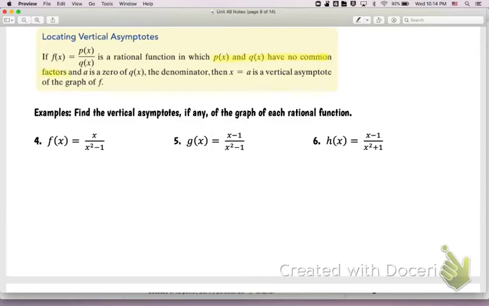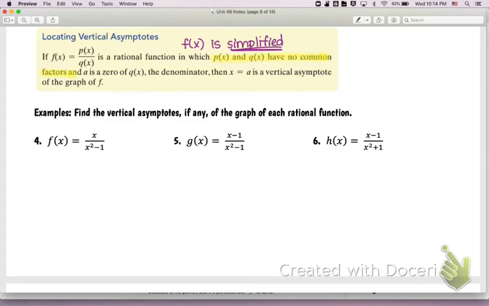That means that f of x is simplified. This is why we practice that, okay? It has to be simplified, so anything that we can divide out, we need to do that. Then anywhere where the denominator would be 0 in the simplified form is going to give you a vertical asymptote.